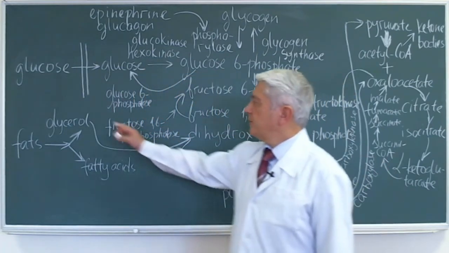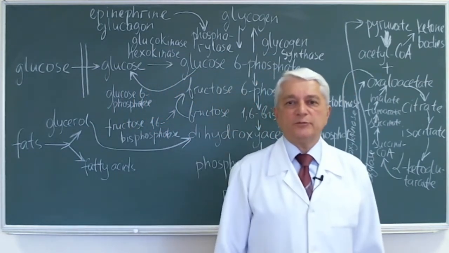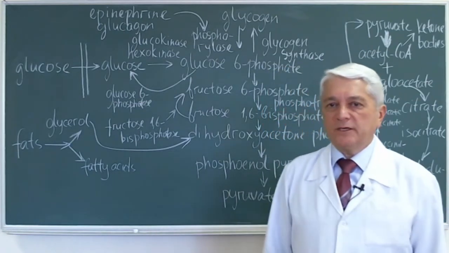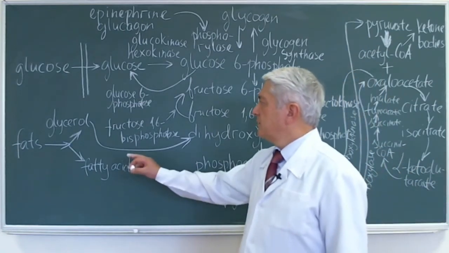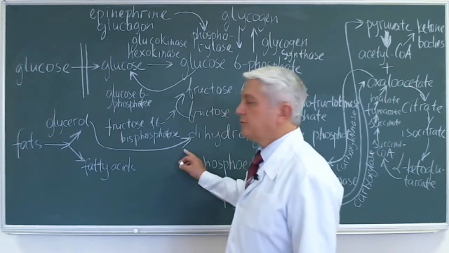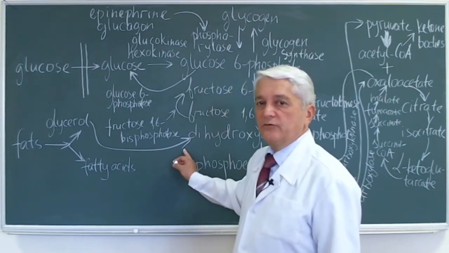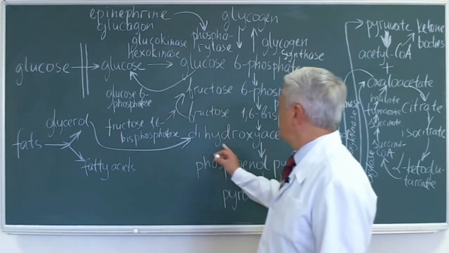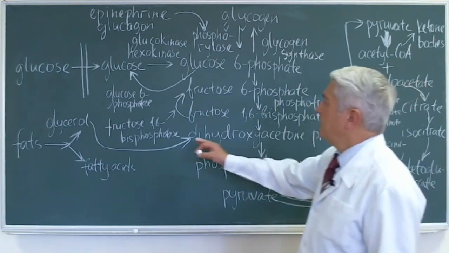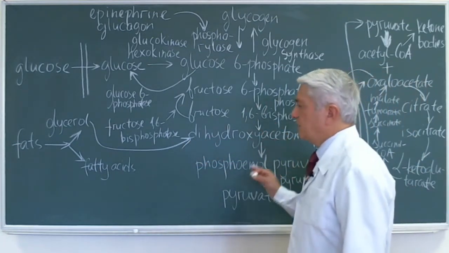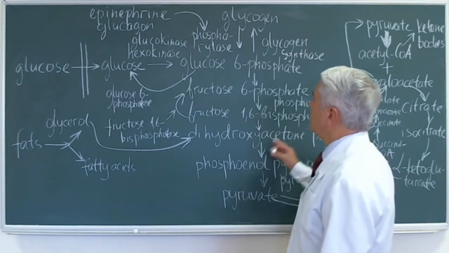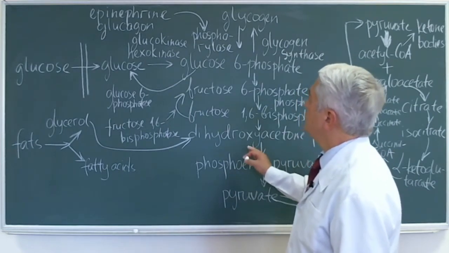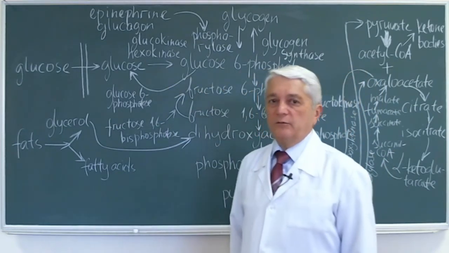For this transformation we need one molecule of ATP, but it doesn't matter. In our scheme we have very simple arrow from glycerol to dihydroxyacetone phosphate, and then dihydroxyacetone phosphate will produce pyruvate, or if it is gluconeogenesis, it will produce back glucose.